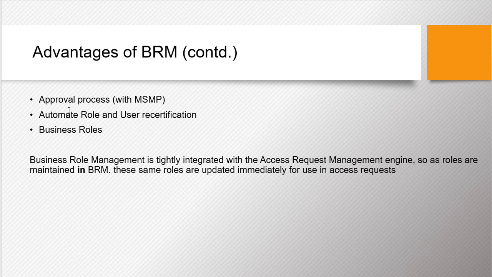What does it do? The business roles give you advantages such as, when requesting role creation and assignment in business terms, it simplifies the process, because business roles represent a job function.